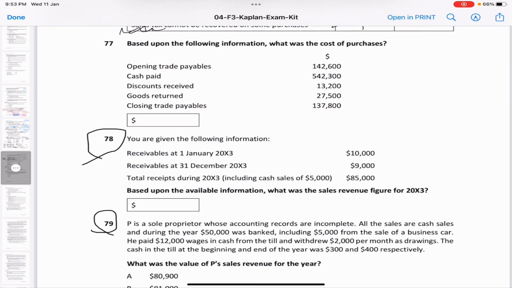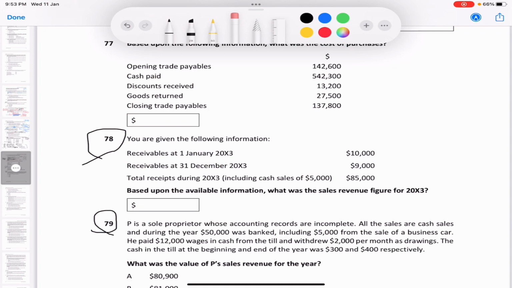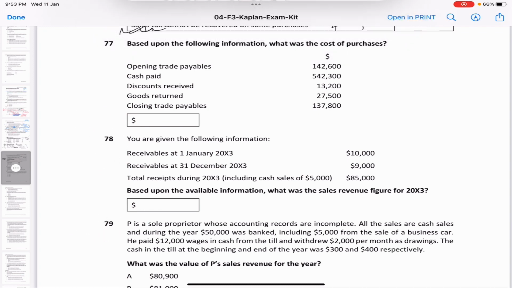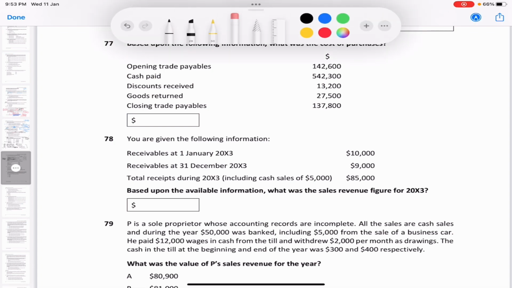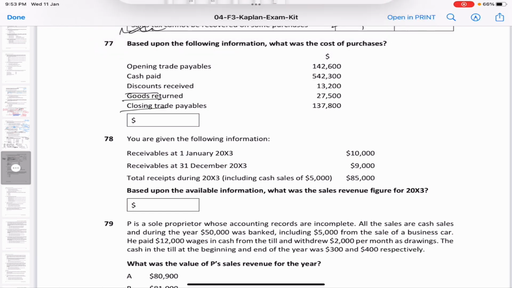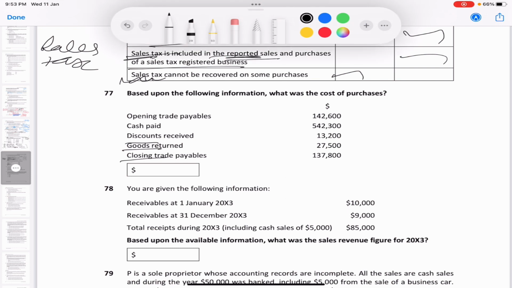Based upon the following information, what was the cost of purchases? Opening trade payables, cash paid, discount received, goods returns, closing trade payables. So we want to find the cost of purchases. Fine. Opening trade payables and closing trade payables are given.